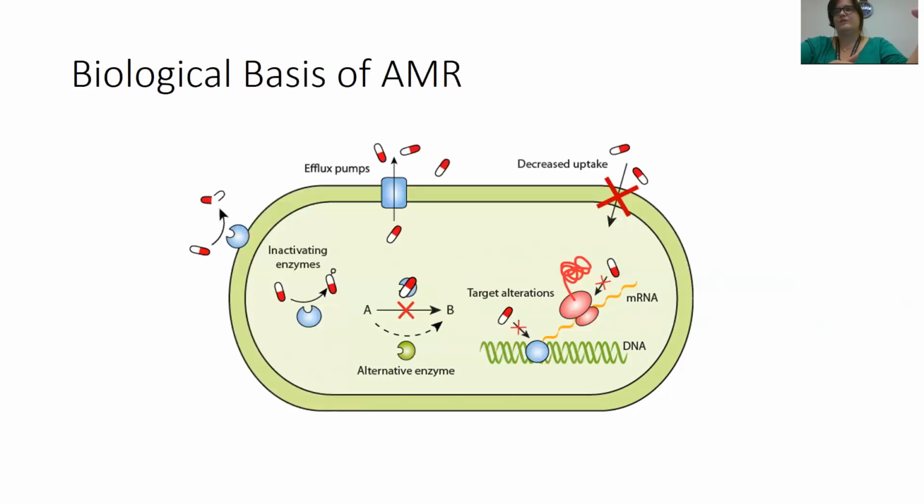You can have efflux pumps that pump it out of the cell. You can have mutations that decrease the uptake into the cell to begin with. And you can also have mutations occurring in the target enzymes that antibiotics target within the cell to evade the activity of the antibiotic itself.